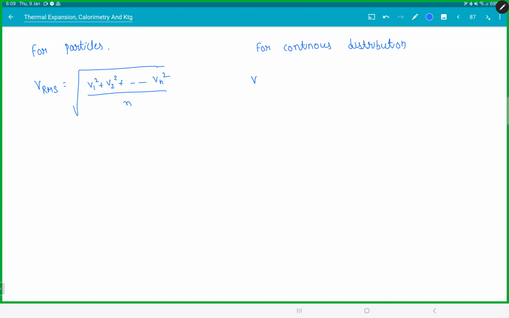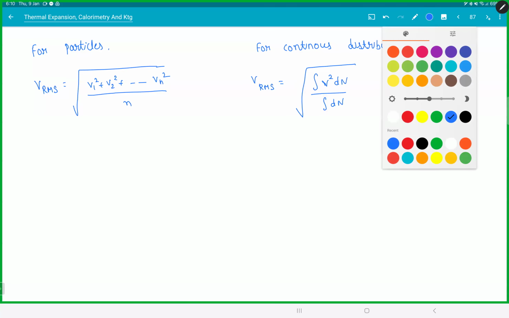For continuous distribution, VRMS will be root over integral n v square dn by integral dn. There, that's the formula for continuous distribution.